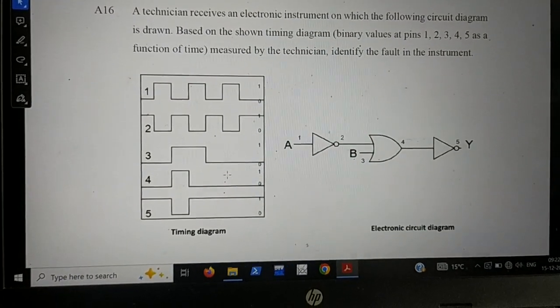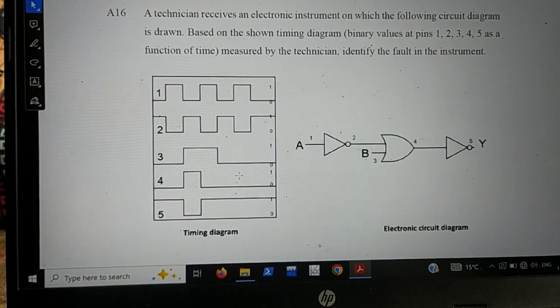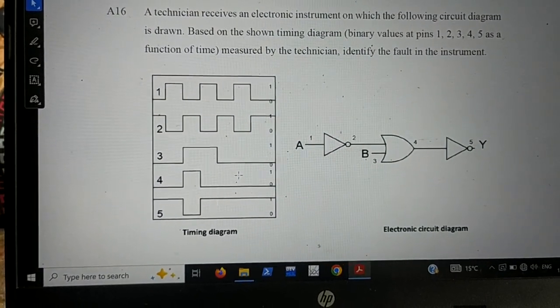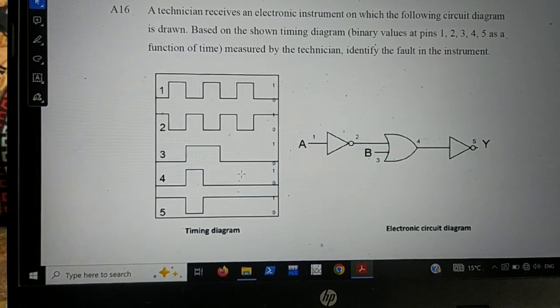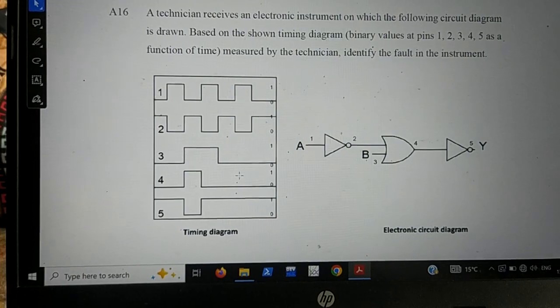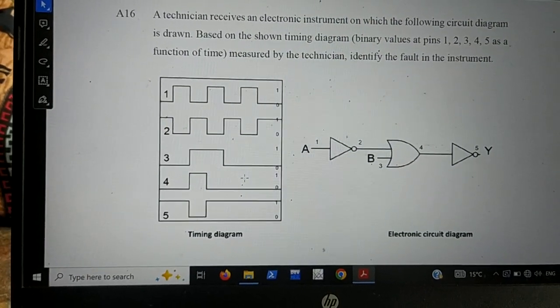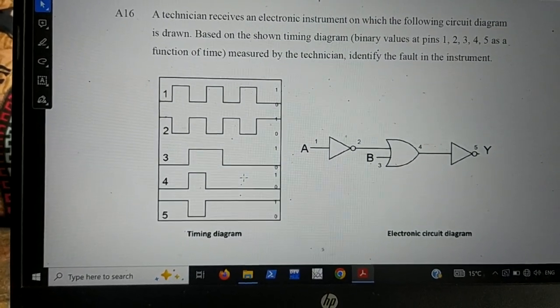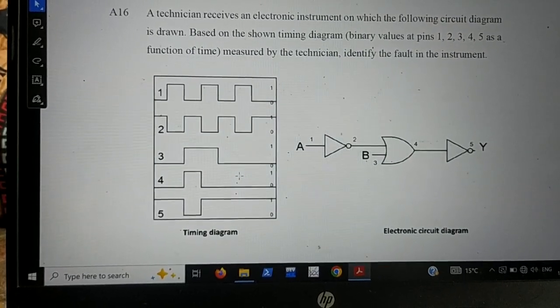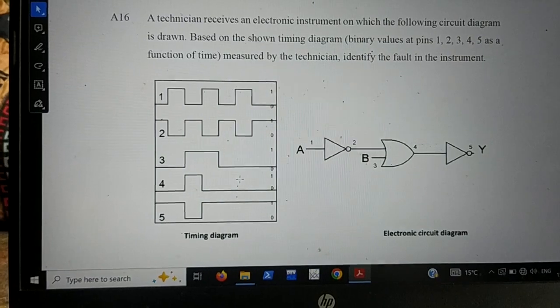Okay, you are given all those components here, the timing diagram and the electronic circuit diagram. At first you calculate the Y output, simplify the logic gate, and then you put all the information there to satisfy the equation or not, which you obtain by solving the logic gates, a simple expression.